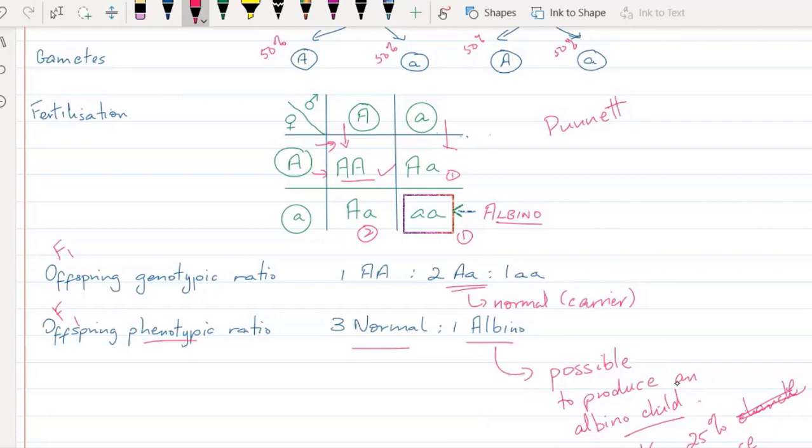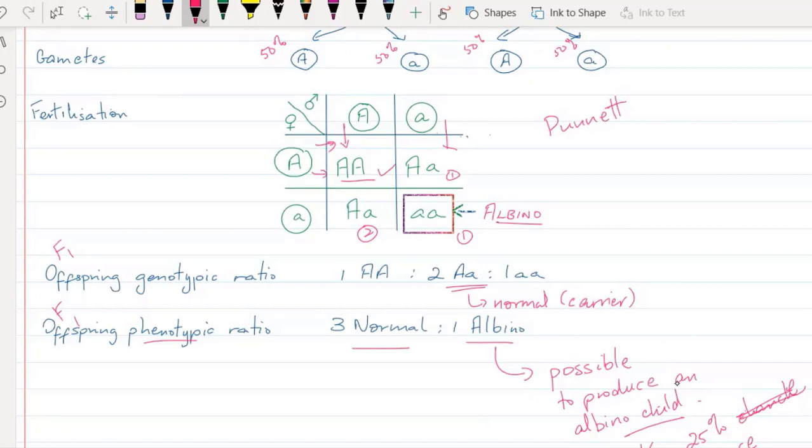And then we notice that because normal condition is dominant, even if this person is heterozygous, they will also appear normal, and they will be known as carriers, but they would appear normal. So 1 plus 2, 3, normal, and then one of them is albino, would have the albino condition.